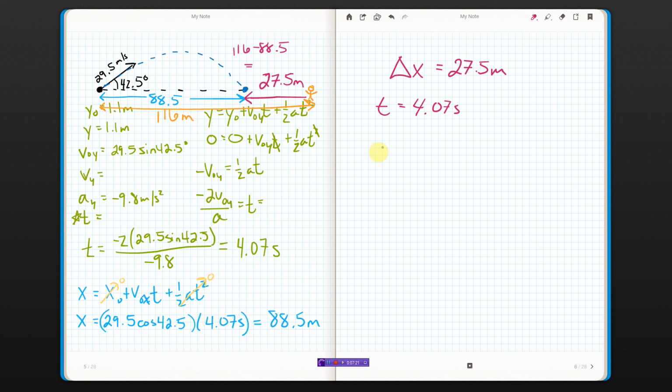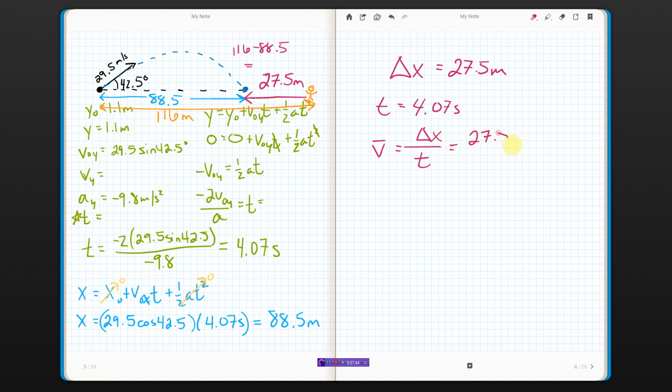So his velocity, we could use average velocity, because let's just assume that either he runs at constant velocity the whole way, or he does an average velocity. Either way, it's going to be how far he runs divided by how long it takes him.